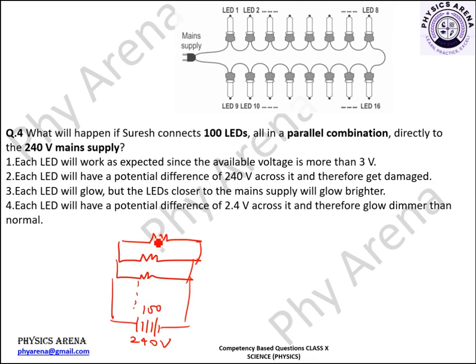Now, each of these LEDs will have 240 volt across them because in parallel, the potential difference is the same. But the maximum voltage that they can withstand is 3 volt only. That is given in the specification. So if the LEDs are connected in parallel, each of the LEDs will have a potential difference of 240 volt and therefore they get damaged. So option 2 is the correct answer.